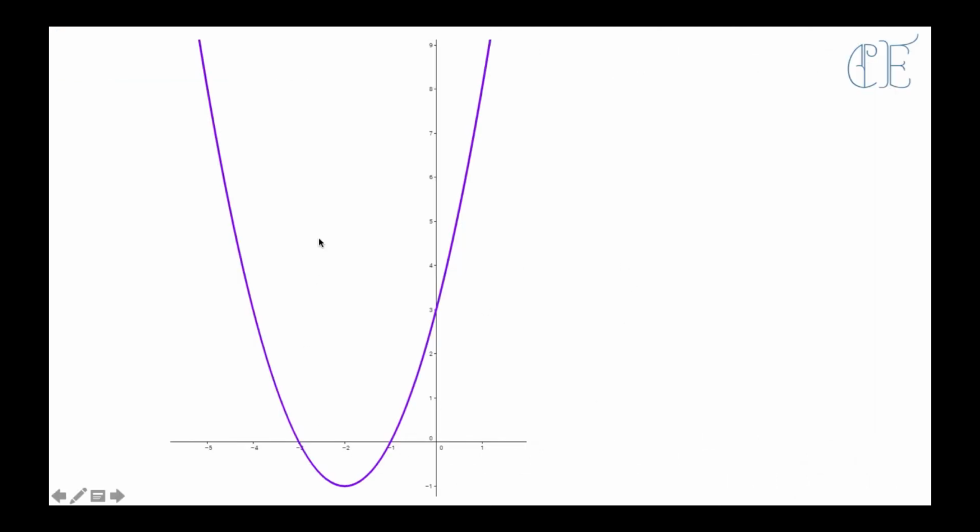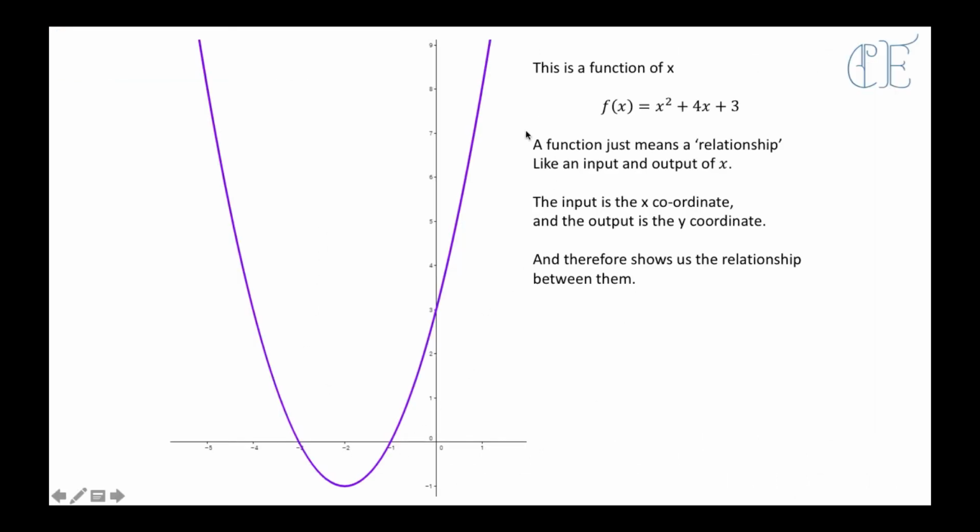So here is a graph, and this is a function of x. So a function is just a relationship, like an input and an output of x. So the input is the x coordinate because we add numbers into our equation where x is in order to find the y. So the output is the y coordinate, and therefore shows us the relationship between them.